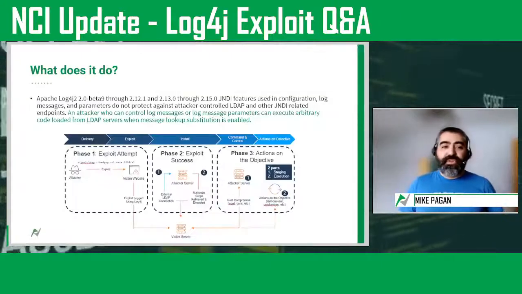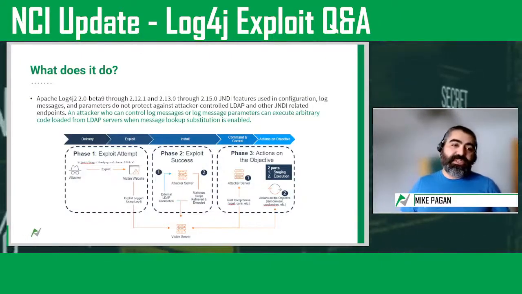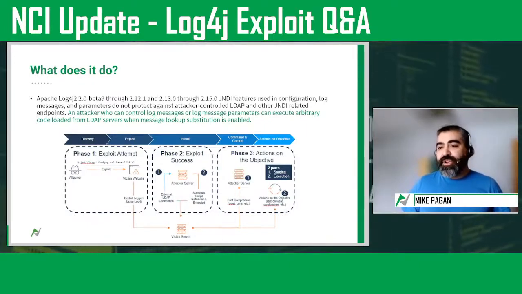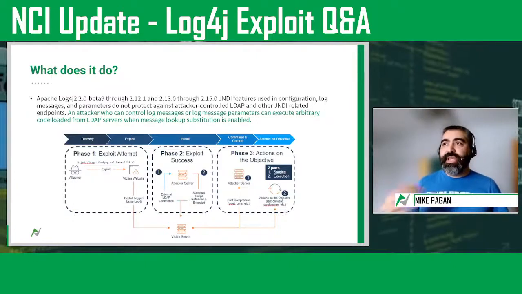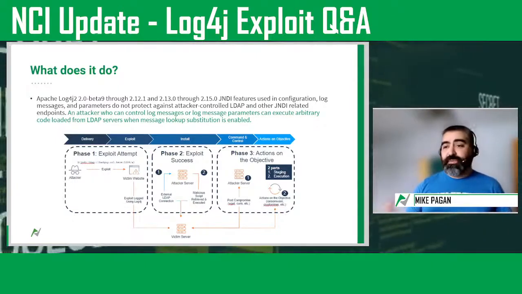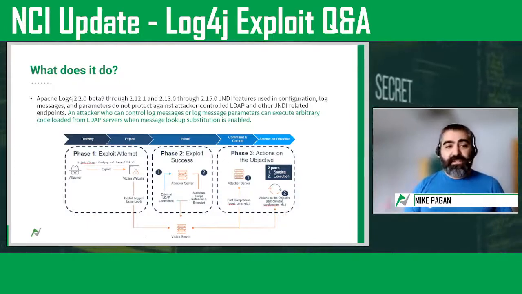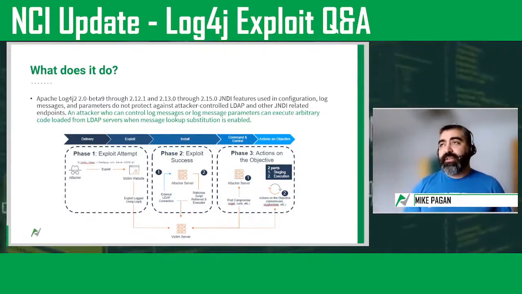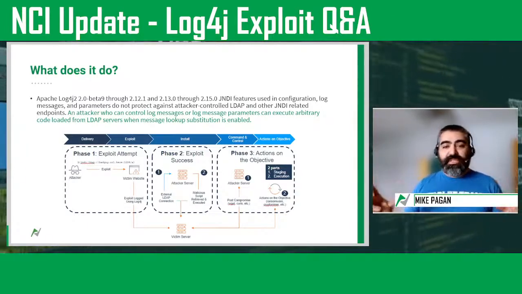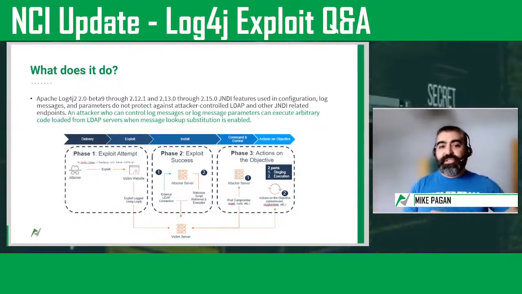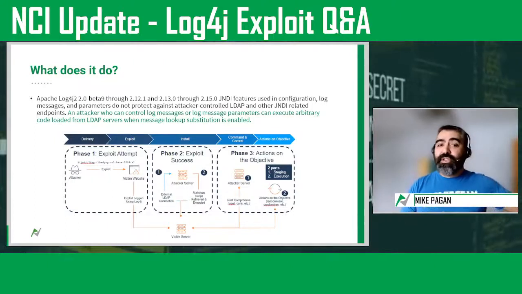So real brief, what does this thing do? Basically, with most security things, you send malformed information. You send a malformed request to a server that has this logging engine on it, and the problem is that you can make it send an information request back to a server that you control.